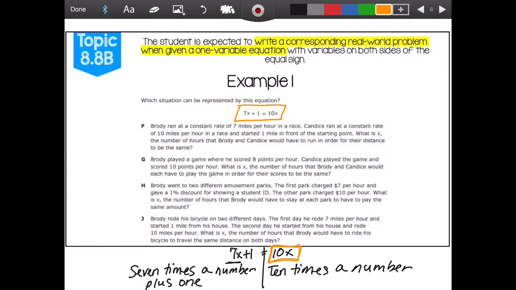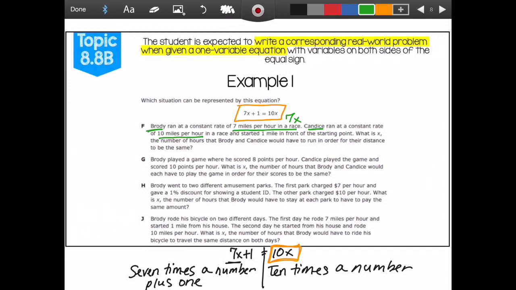So let's start with F. Brody ran at a constant rate of 7 miles per hour. Okay, so the 7 miles per hour sounds good so far. Okay, so far it could represent 7x. Okay, Candace ran at a constant rate of 10 miles per hour. All right, so now we're talking about Brody was the left side, Candace is the right side, a constant rate of 10 miles per hour.